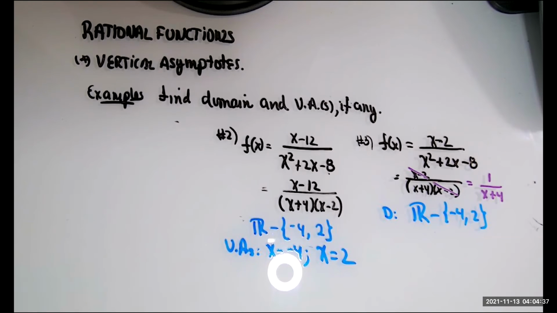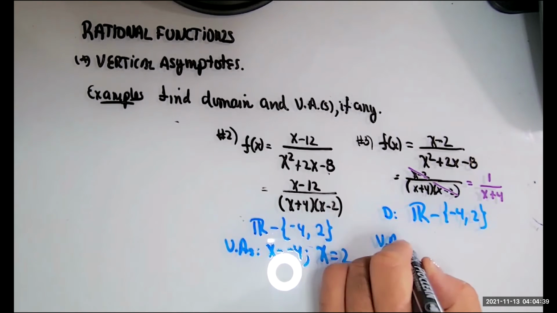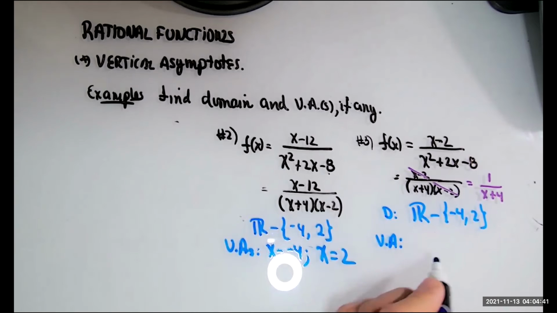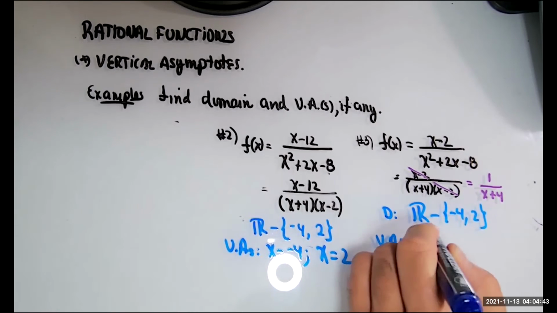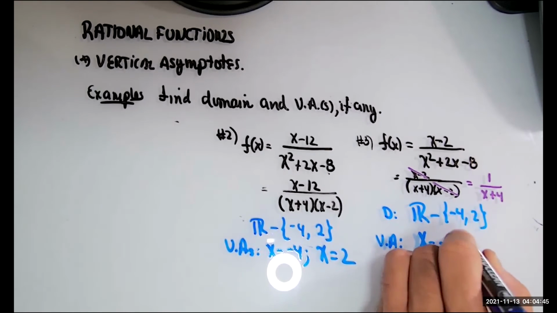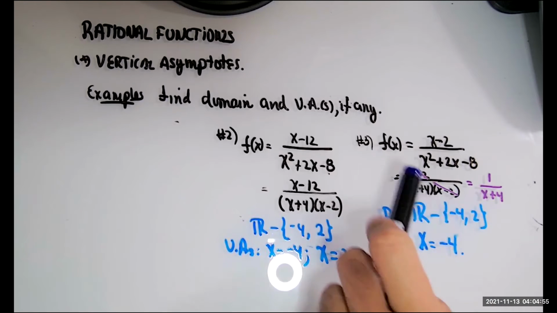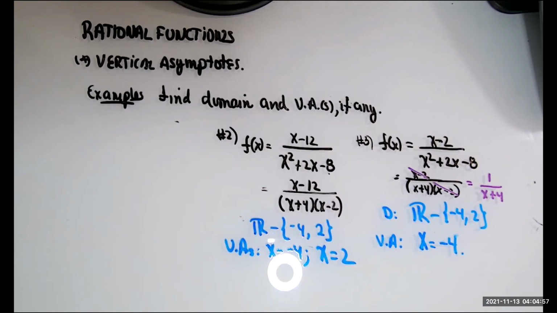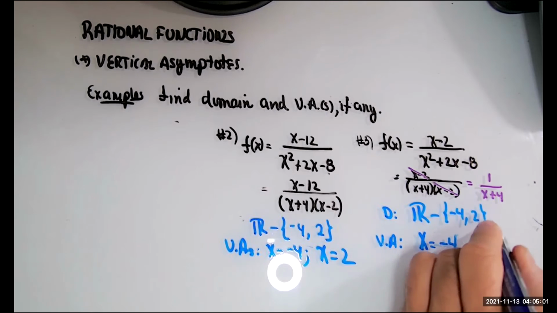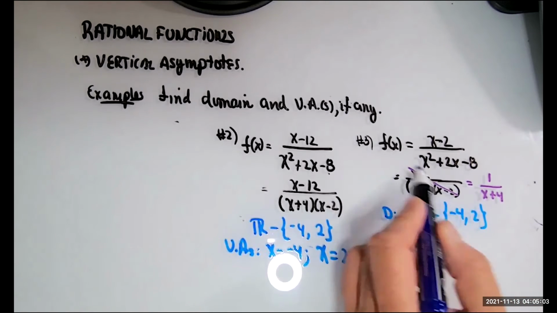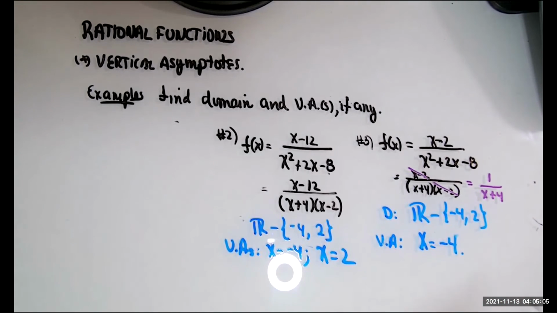Thus, this function has only one vertical asymptote, where x equals -4. Even though we have two exceptions in the domain, we only exhibit one vertical asymptote. Why? Because the function can be reduced. Notice that we simplified x minus 2.